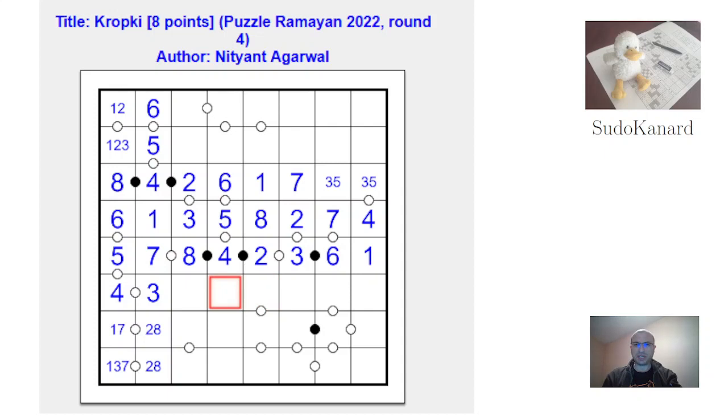Where do we go from here? This column looks interesting because 5 digits remain: 3, 4, 5, 6, 7. There's a set of 2 consecutive and a set of 3 consecutive. So it could be 3, 4 somewhere and 5, 6, 7 here, in which case this is a 6 and a 3, 4 up there.